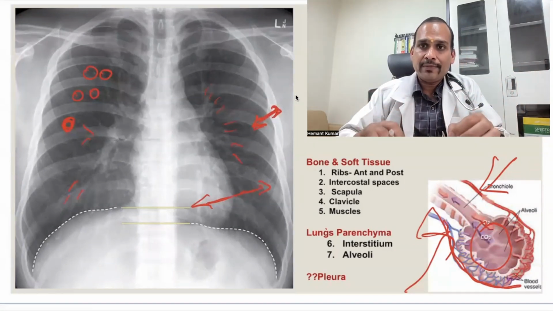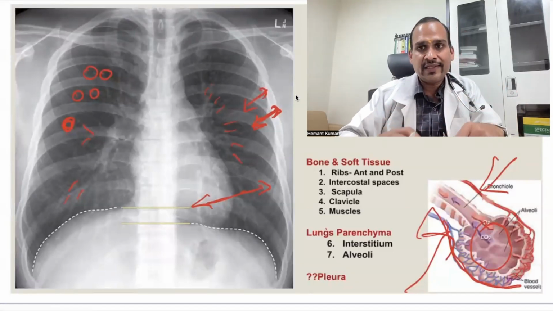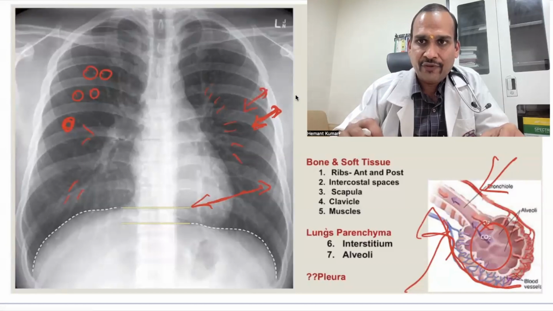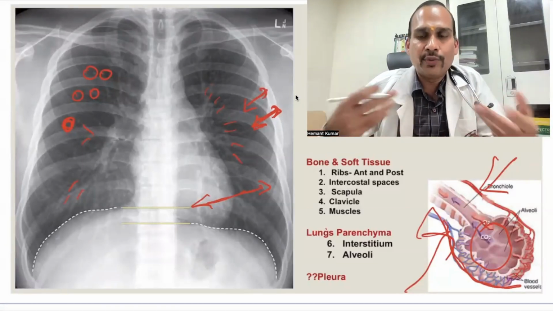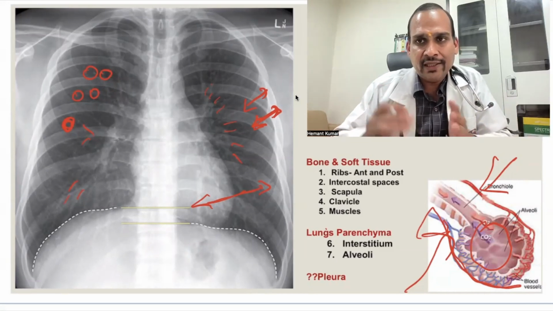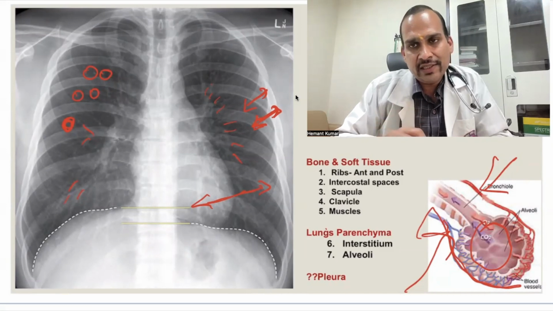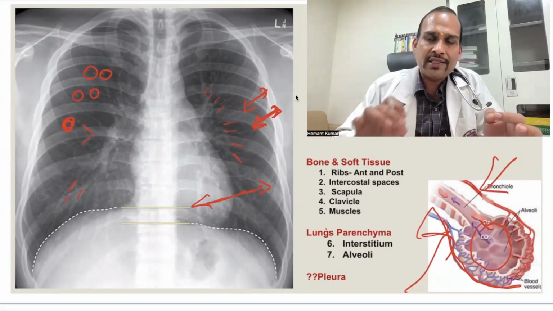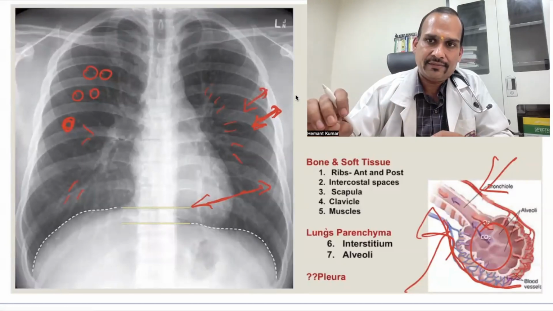But if there are blood vessels in the lateral third also, it means there is high vascularity, for example, congestive heart failure or volume overload. So if there is interstitial marking in the lateral 1/3, it means there is a problem, either interstitial lung disease or there is increased vascularity because of congestive heart failure or anything.